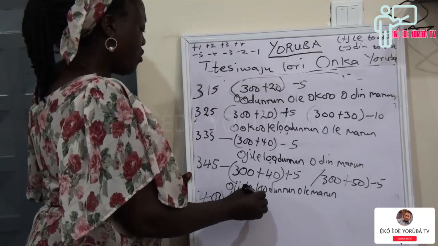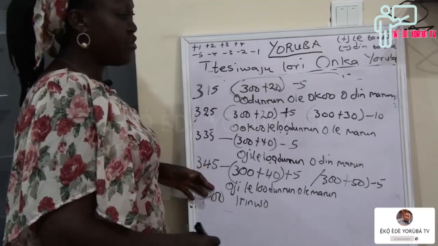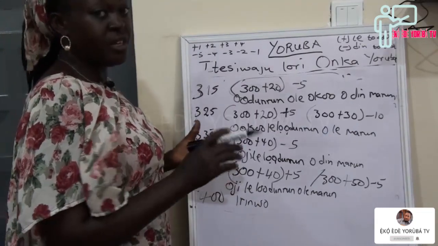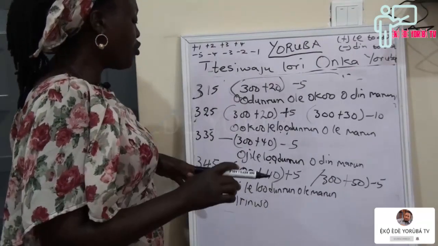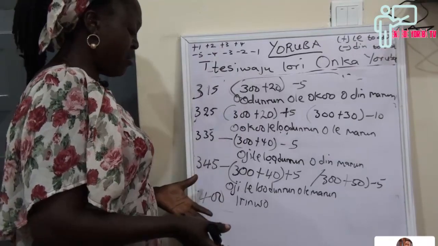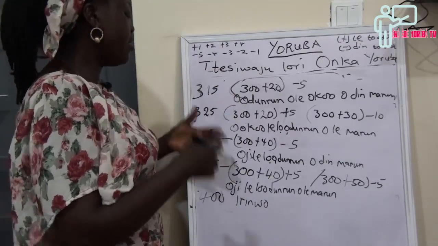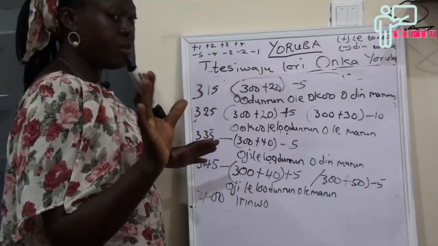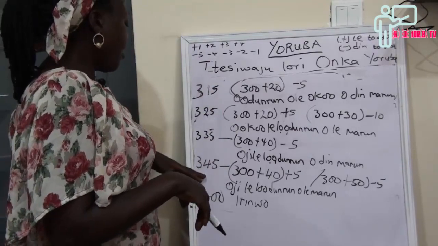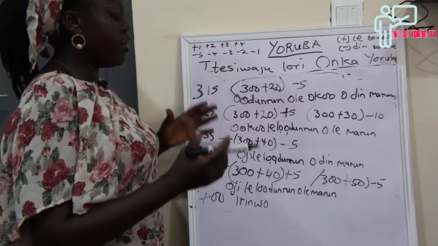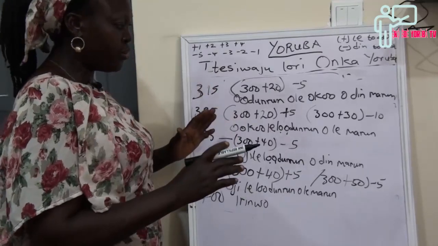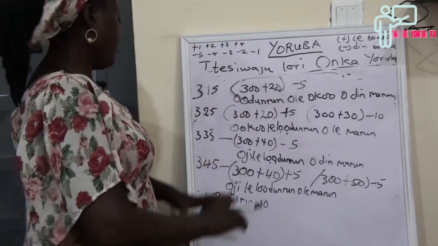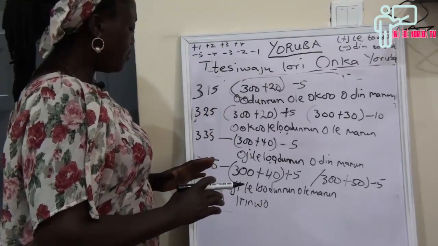So when we say 355, márùndínlọ́ọ̀ọ́ta lé ní ọ̀ọ́dúnrún ó dín márùn-ún. ọ̀tàlélọ́ọ̀ọ́dúnrún ó dín márùn-ún. 375 it will be ọ̀rìnlélọ́ọ̀ọ́dúnrún ó dín márùn-ún.